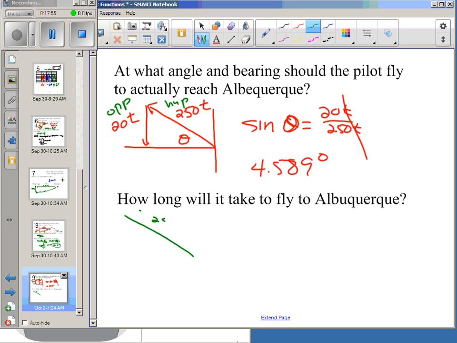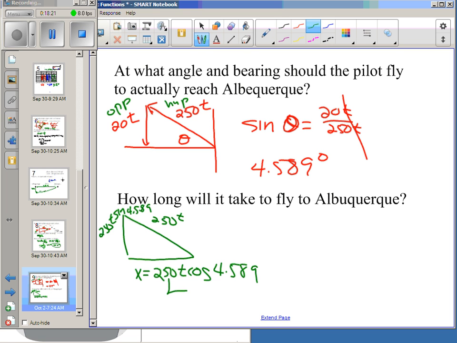A 250t in this direction, this right here, this x component, is going to be the 250t cosine of my 4.589. And this piece would be the 250t sine of 4.589. And the 250 times this will give me my speed in the x direction.